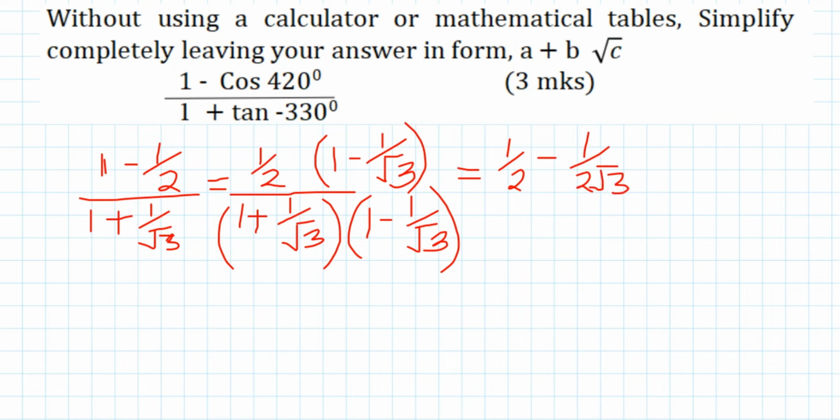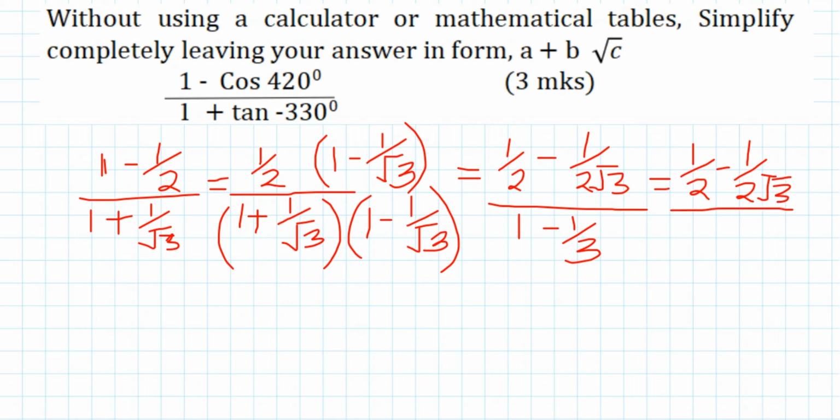Then all this we divide by, when we multiply these two, we have a difference of 2 squares in the denominator. And so when we work out, we are going to have 1, we take away a third.